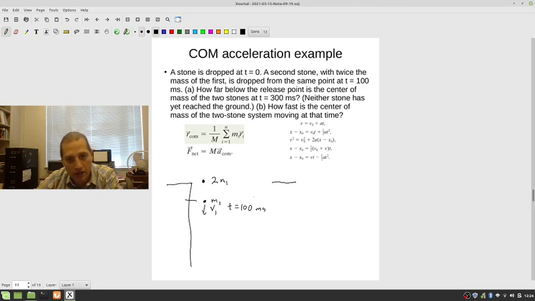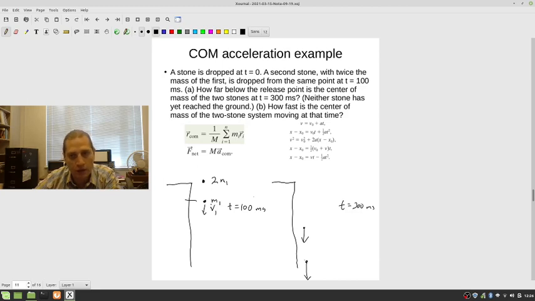Then the question asks, what about at t equals 300 milliseconds? Thinking about the physics of this story, the first stone will have dropped down, and the second stone is going to be going even faster. But the second stone is never going to catch up to the first one.